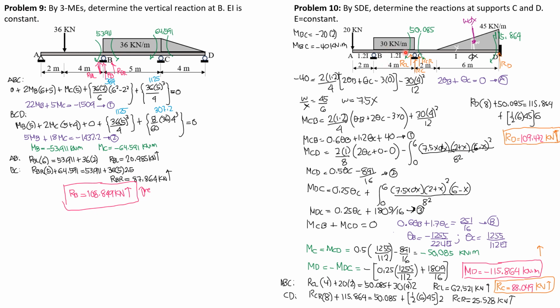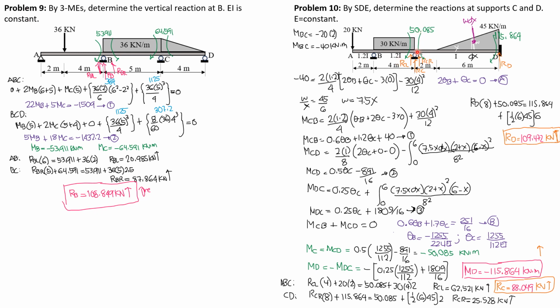Then we compute RC by first computing RC left, considering ABC. Summation moment B equals 0, RC left times 4 plus 20 times 2 equals 50.085. This, by the way, the moment at C is negative, so clockwise at the left, counterclockwise at the right.